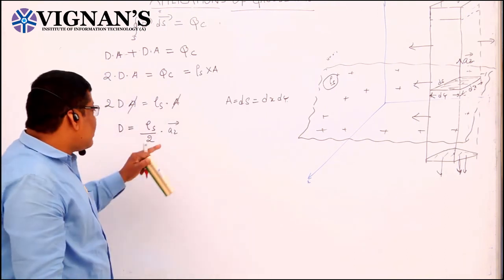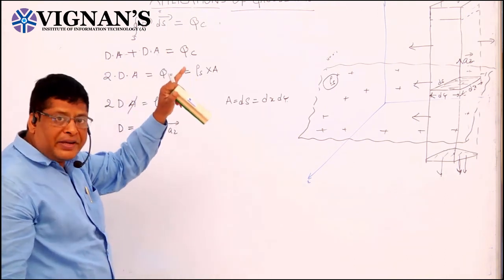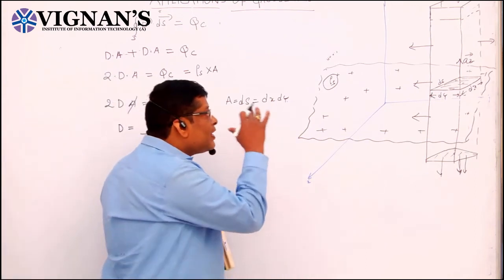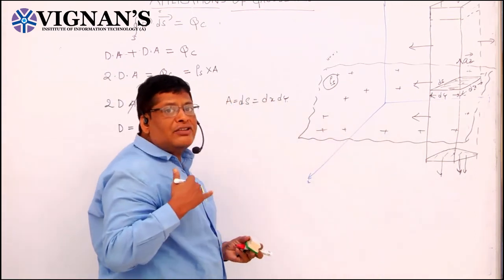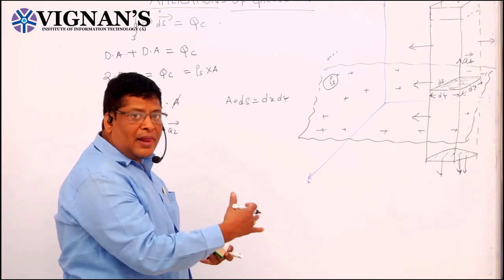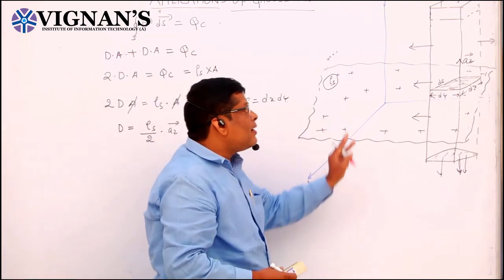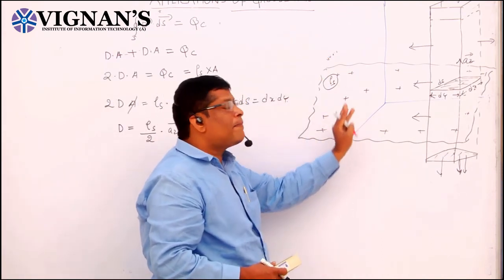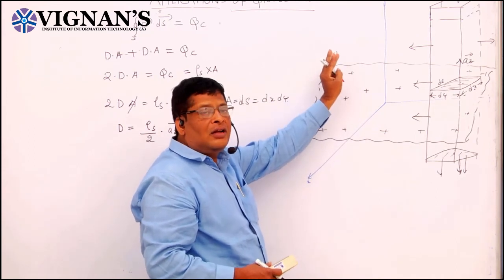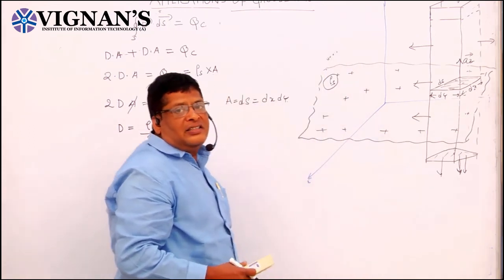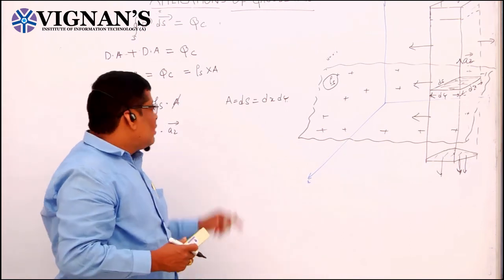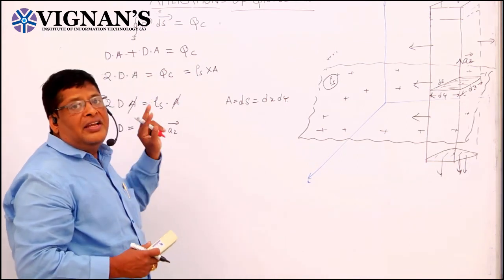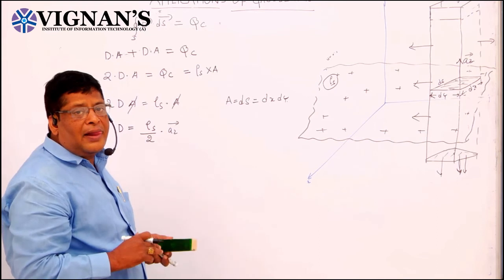We have taken the unit vector in the direction of the z axis because the flux emitting from the sheet placed on the xy plane is always perpendicular to the sheet, that is in the direction of the z axis. That's why here we have taken the Az bar.